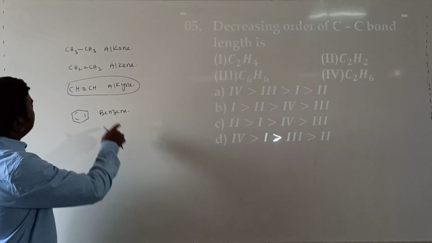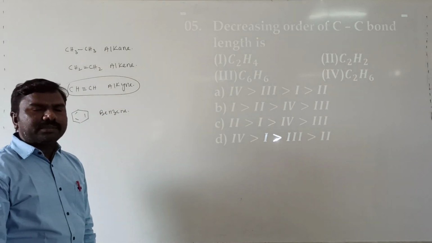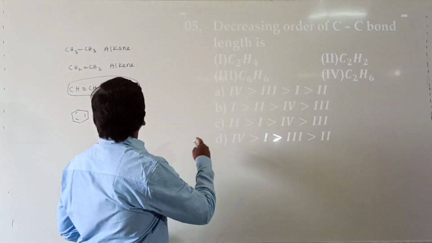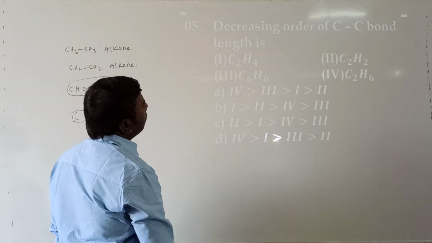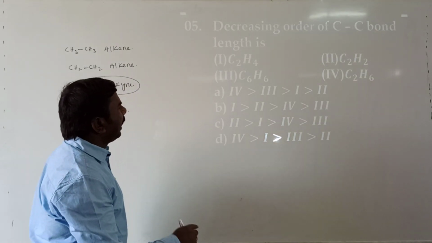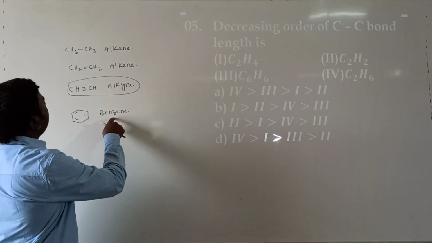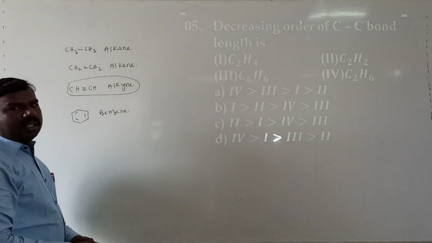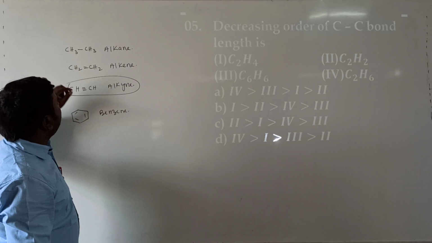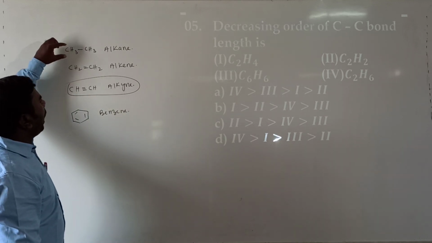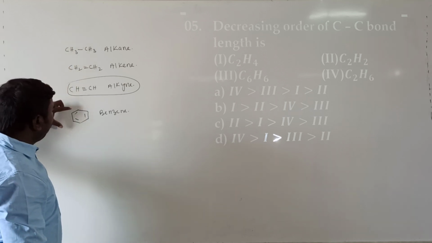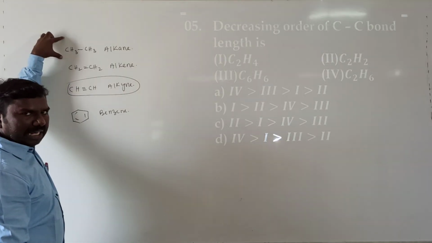Next, the alkene has a double bond, which means a little less. So that is the alkene, C2H4, the first option, 2, 1. Next, benzene. The bond length in benzene is in between the alkene and alkane, so alkene, followed by benzene, followed by alkane.